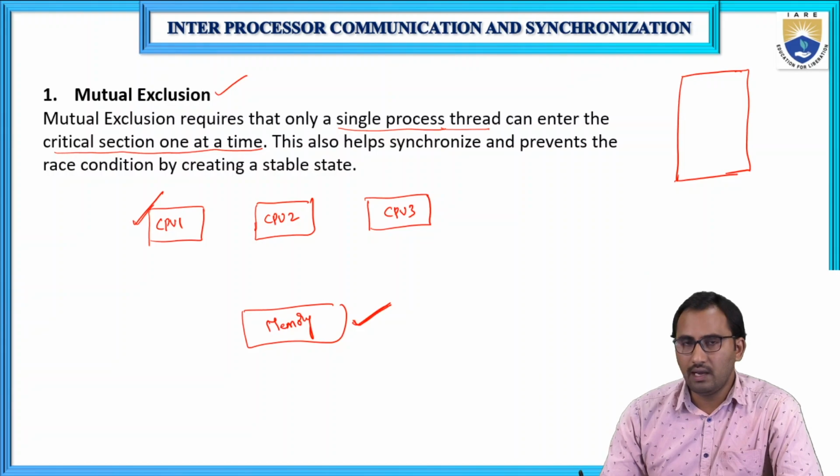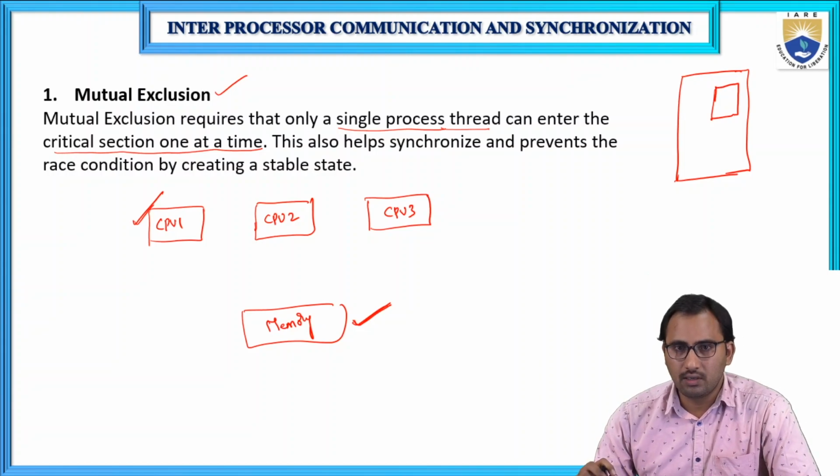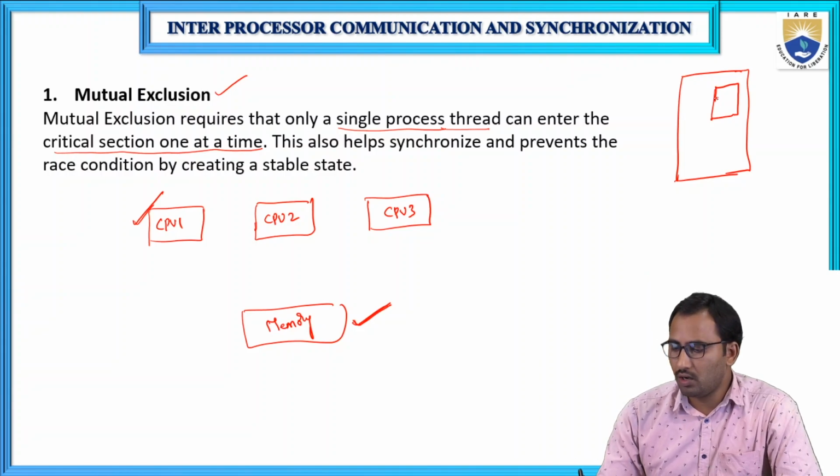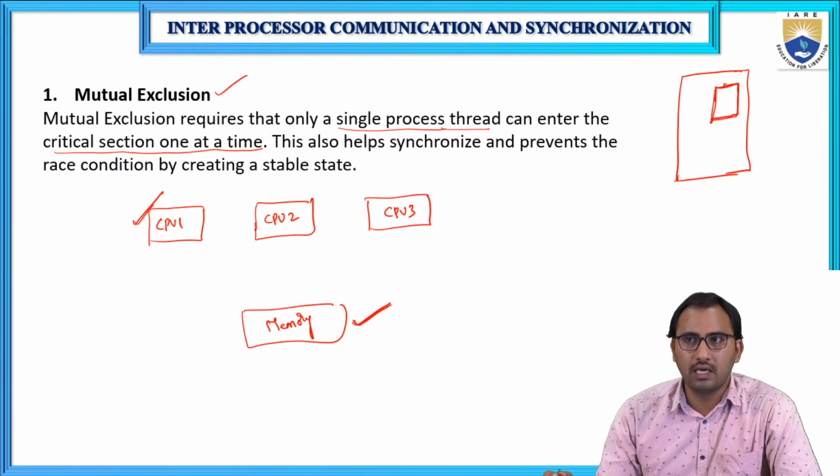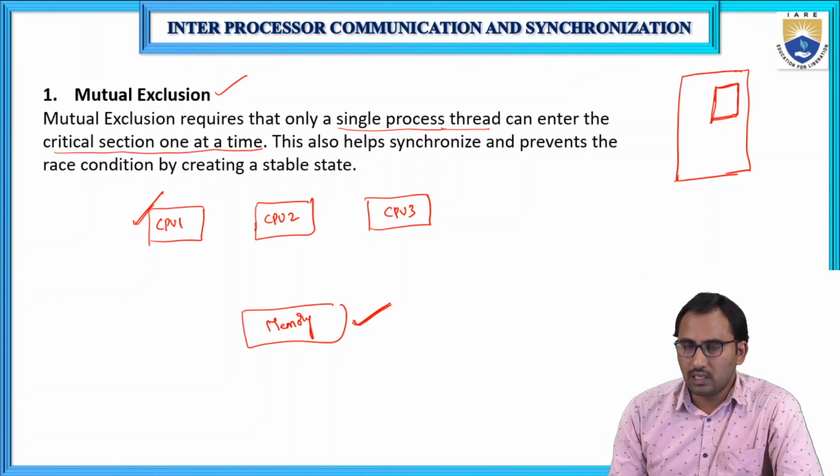The critical section is a sequence of instructions repeatedly used. That means a set of instructions that are accessed repeatedly. That is called the critical section. So at any point of time, only one process can enter into this critical section.